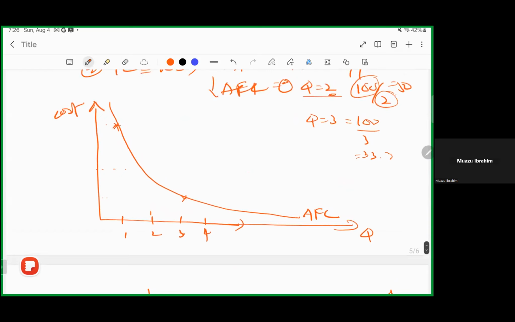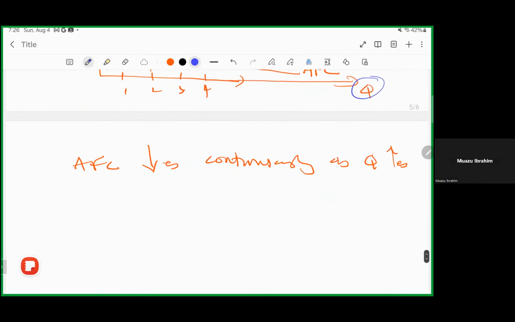And remember how average fixed cost behaves. It falls continuously, but it will never touch the quantity axis.